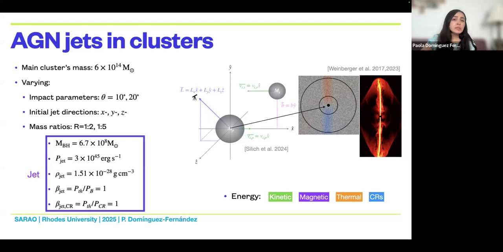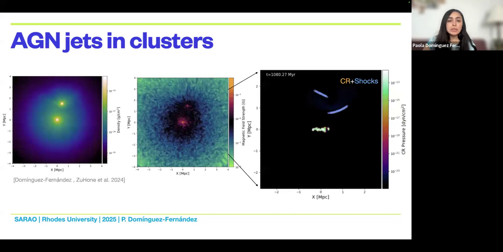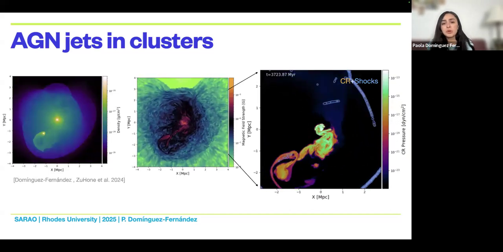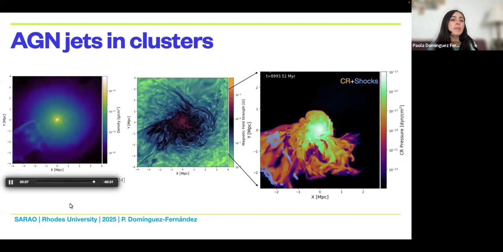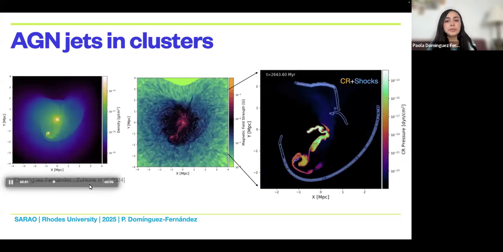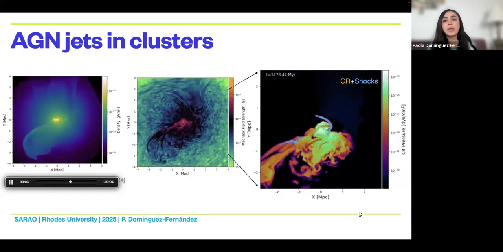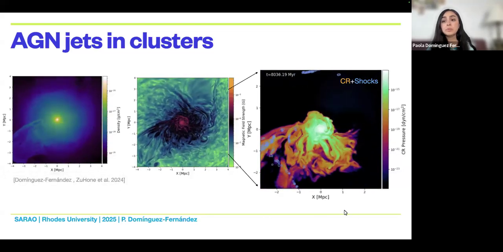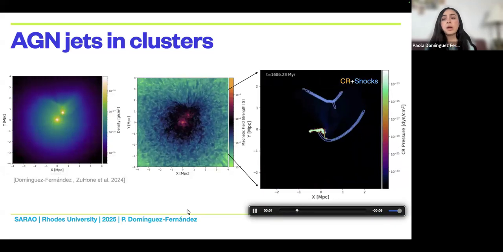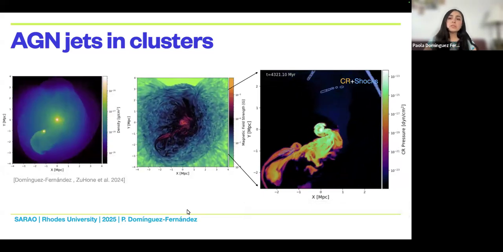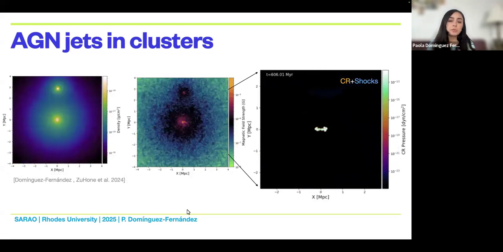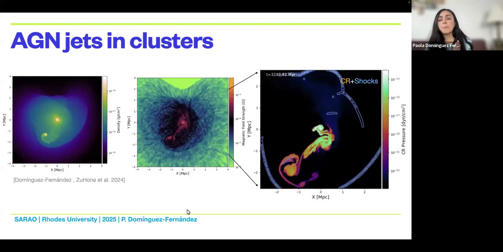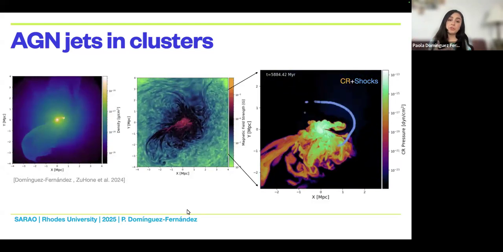So just to give you an idea of the type of things that we have been looking at here, I'm showing you some videos. You are seeing here the projection maps of the density, magnetic field strength, and here on your right, the cosmic ray pressure. Some things that we wanted to vary in our simulations were some parameters on the side of the merger itself.